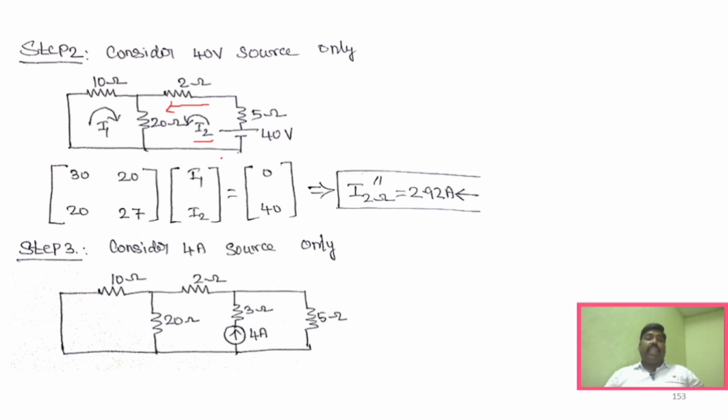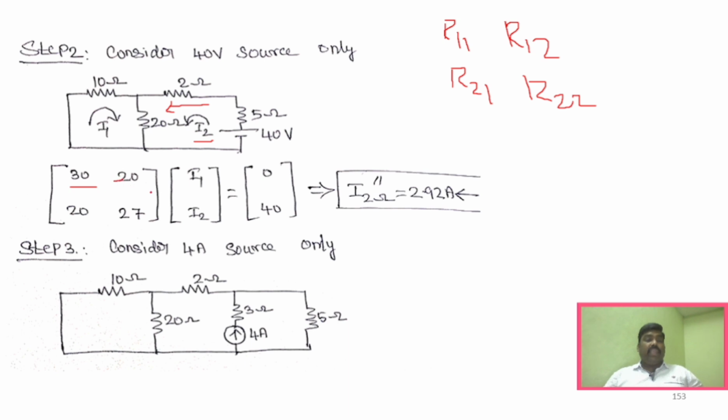I have already explained this particular matrix method. Just go through the mesh analysis videos which I have posted already so that you can understand the basics of it. So it is R11, R12, R21 and R22. R11 is nothing but the total resistance in this particular mesh, which is 10 plus 20, 30. And this is the common resistor, 20, and again this will be minus.